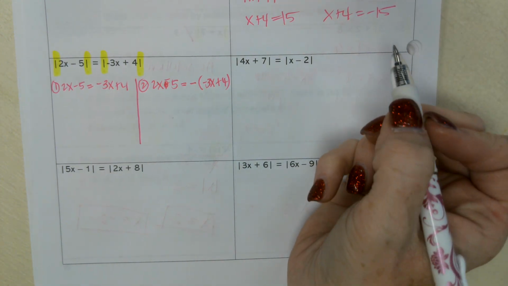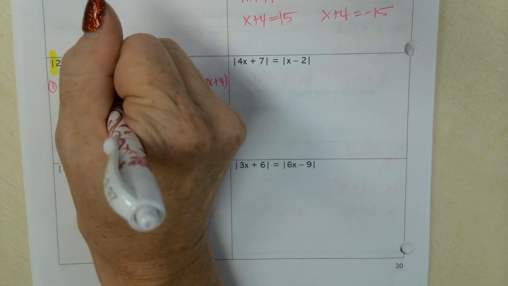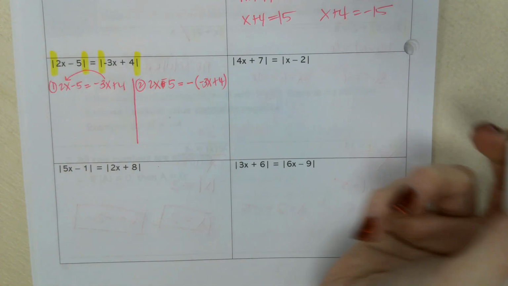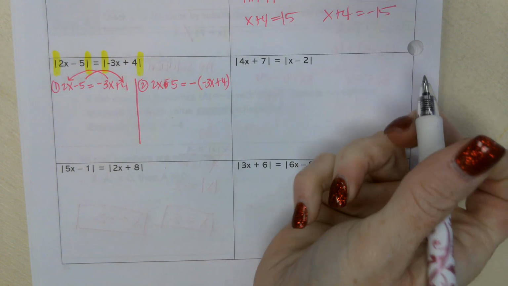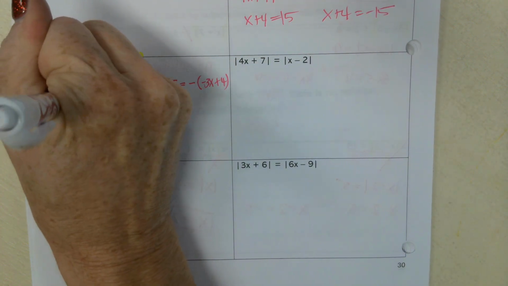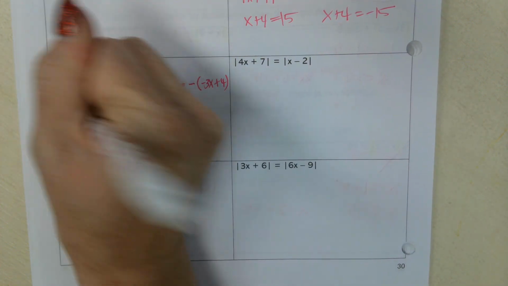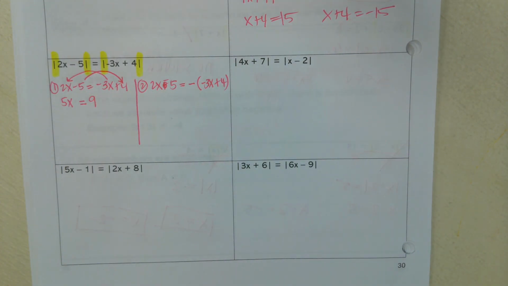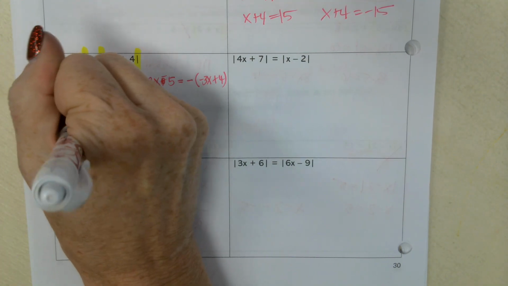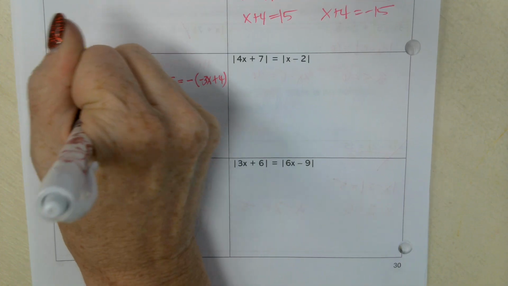Okay? So right here, I'm going to add 3x to both sides, and I'm going to add 5 to both sides. So this gives me a positive 5x is equal to 9. So on this side, I get a fraction, 9/5.